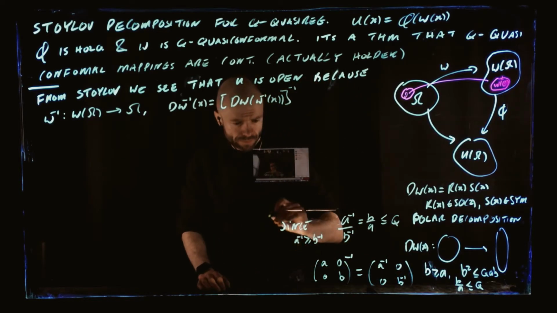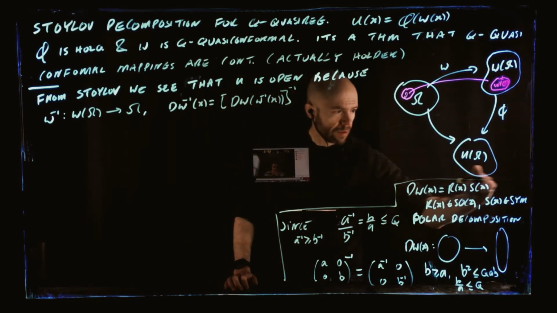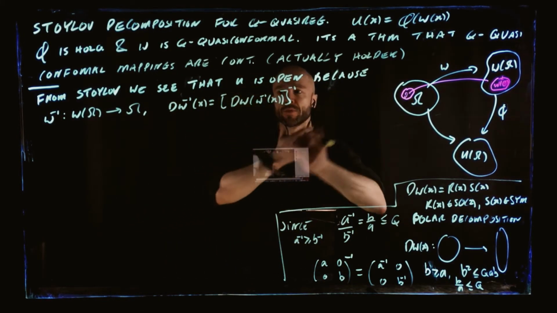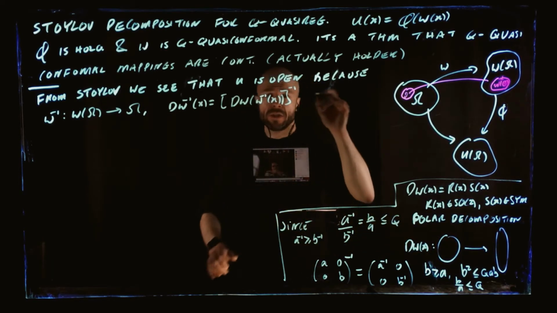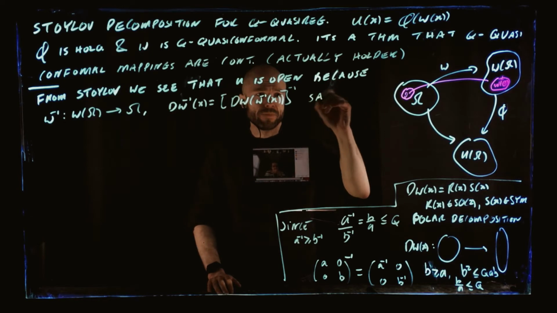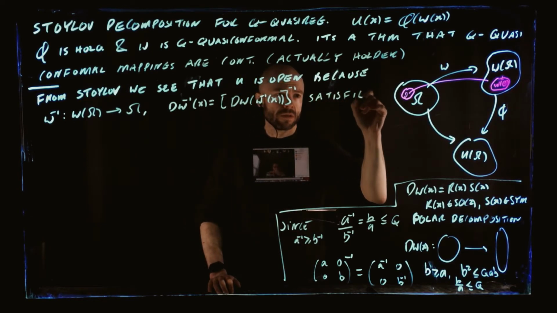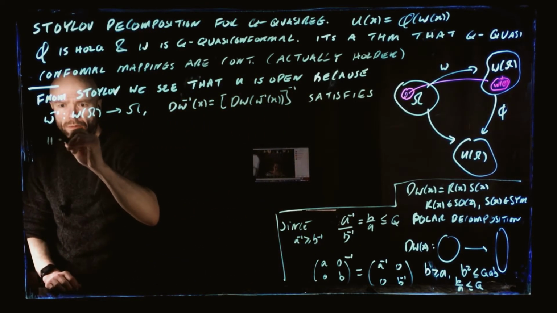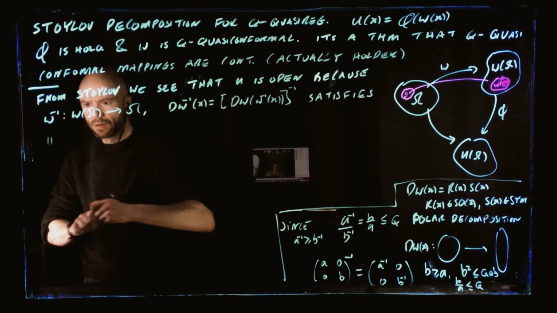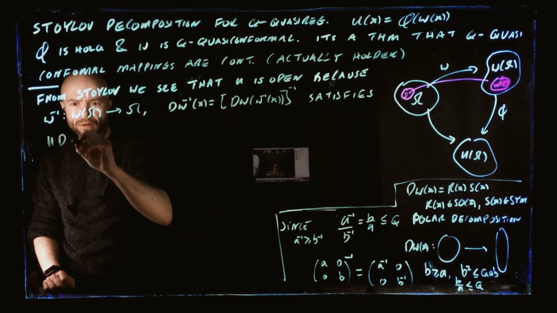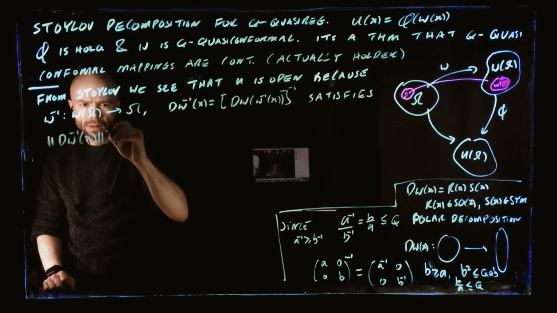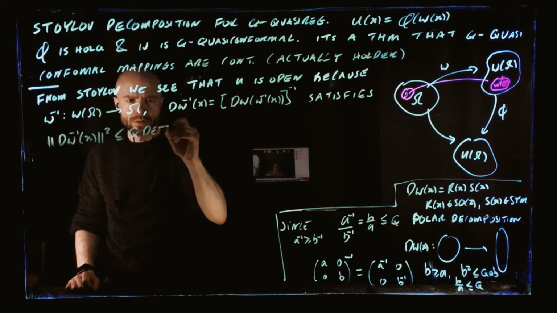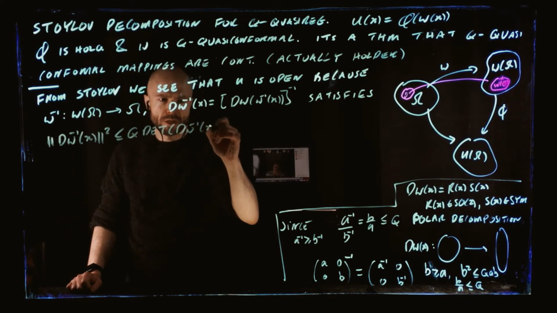Cool. So this has the property that it's not distorting space too much, so it satisfies the same inequality: the operator norm of dW to the minus 1 of x, squared, is bounded by q times the determinant of dW to the minus 1 of x.